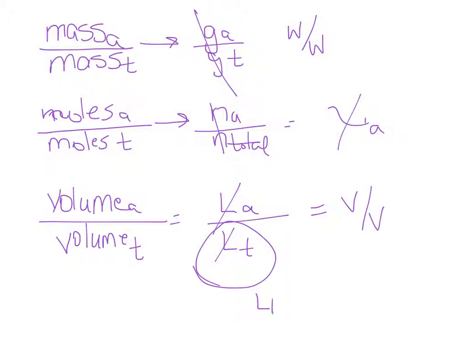So the liters total before mixing of individual components may not be equal to the total volume of solution, because when you mix components together, the intermolecular attractions or repulsions may cause a different arrangement in the solution that cause the molecules to spread out or contract. So your total solution volume may be slightly different than the volume of each one of your individual components mixed together.